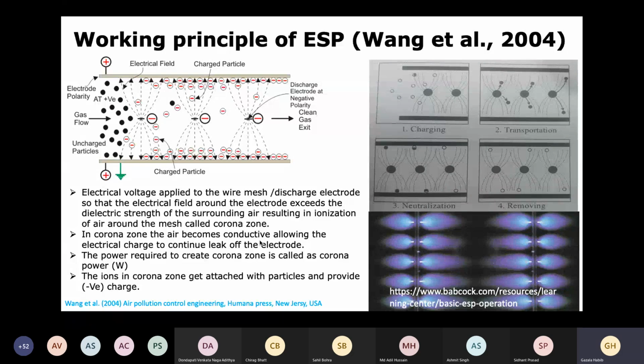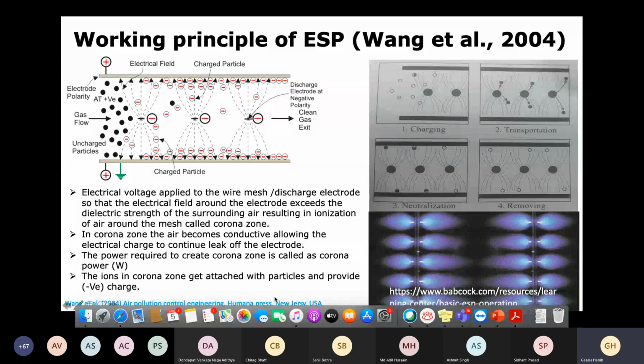In order to achieve this, first the voltage is provided to the mesh or the discharging electrode, and this voltage should be enough to ionize the gas molecules around the mesh. This ionization process results in, as you can see on the right hand side, an illumination around the wire mesh.